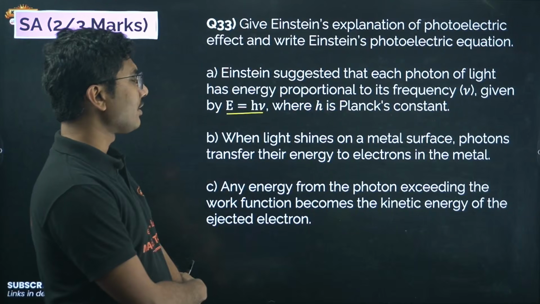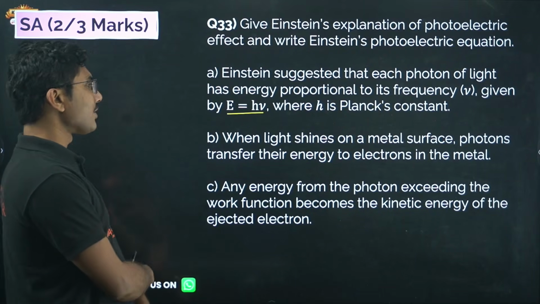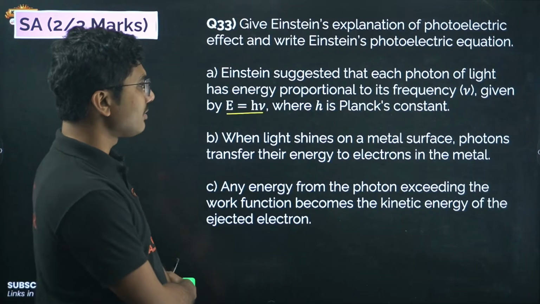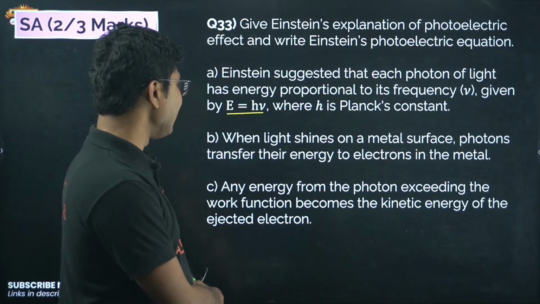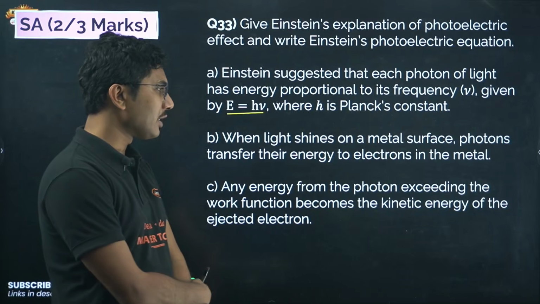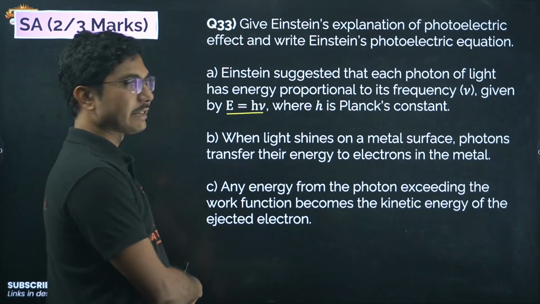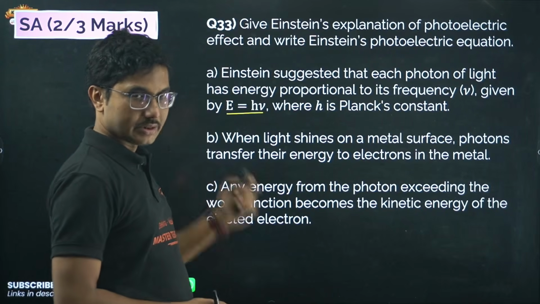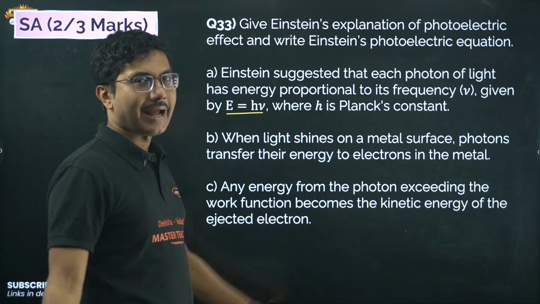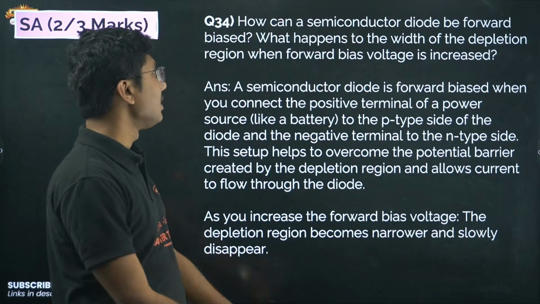When light shines on a metal surface, photons transfer their energy to electrons in the metal. Any energy from the photon exceeding the work function becomes the kinetic energy of the ejected electron. Okay, so these are the 3 points that were important to Einstein. And this is a very common question as well.